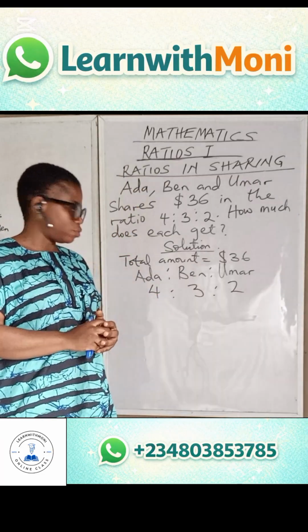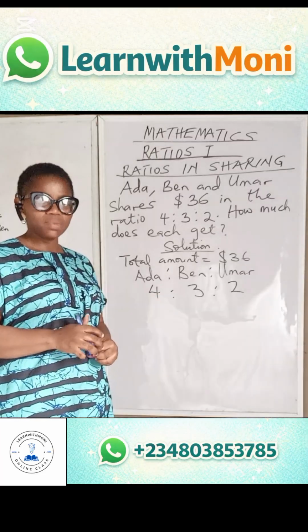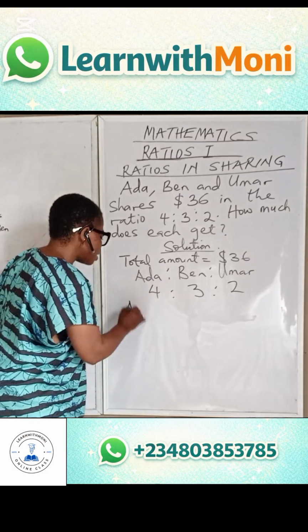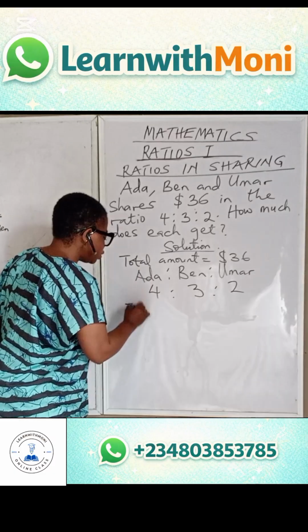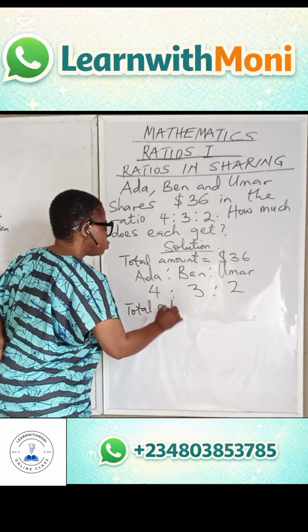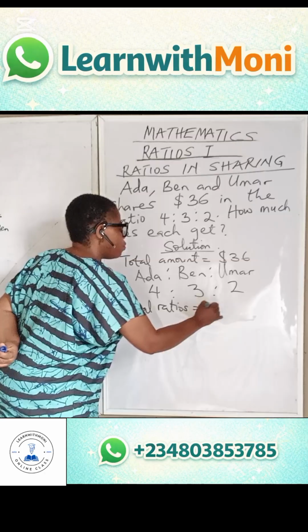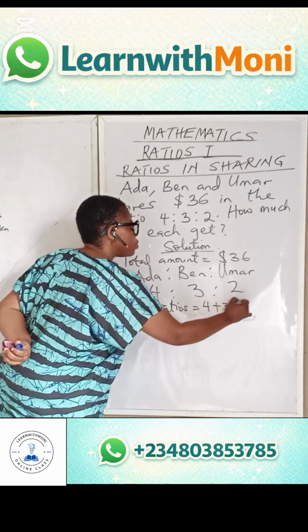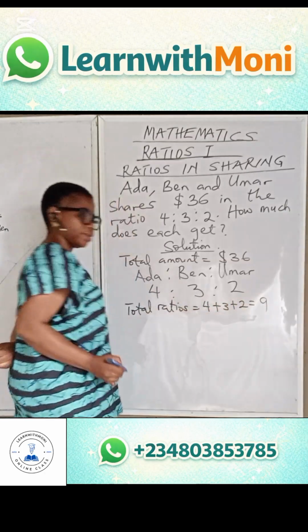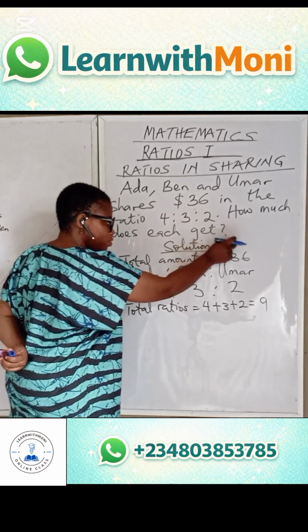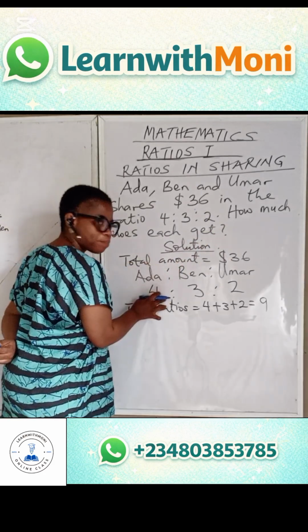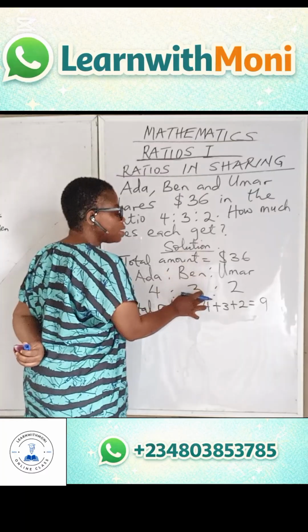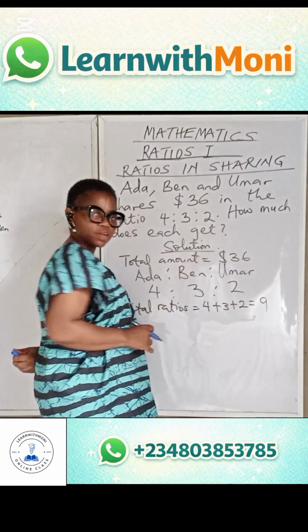So we want to find out how much each of them gets. The total of their ratios is 4 plus 3 plus 2, which is equal to 9. So the $36 is going to be shared into 9 parts, and Ada will take 4 parts, Ben will take 3 parts, and Umar will take 2 parts.